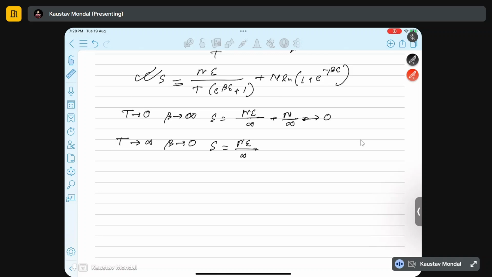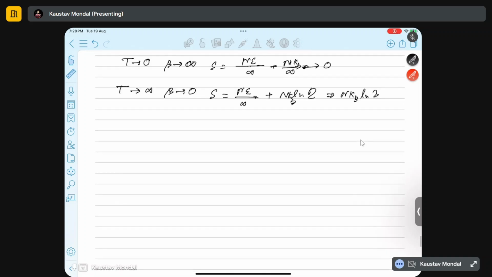So 1 by infinite, so this term will become 0, plus here, this will be N log, so e to the power beta epsilon, beta tends to 0, so e to the power 0 is 1, so 1 plus 1 is 2, and there's a k also, right? Kb, yeah, kb is there. So this gives you N kb ln 2.